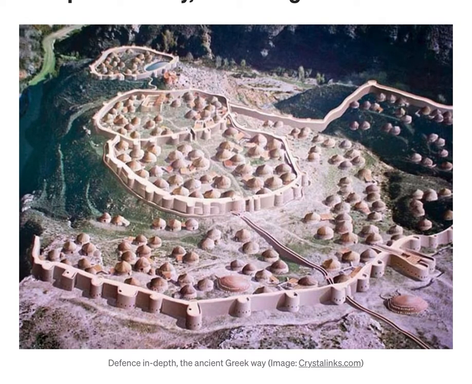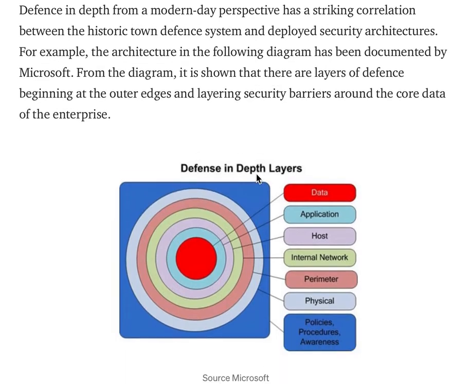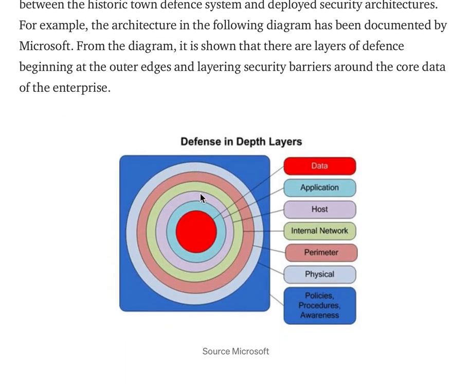When we compare the ancient architecture of having the core town right in the middle and round about it a number of layers of walls to protect it, by looking at the Microsoft architecture diagram, thank you Microsoft, we can see that in a defense in depth architecture, there are multiple layers for an attacker to have to breach in order to try and get at the core asset, that is the data of the organisation.